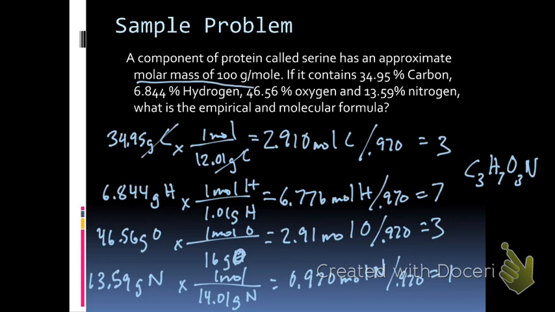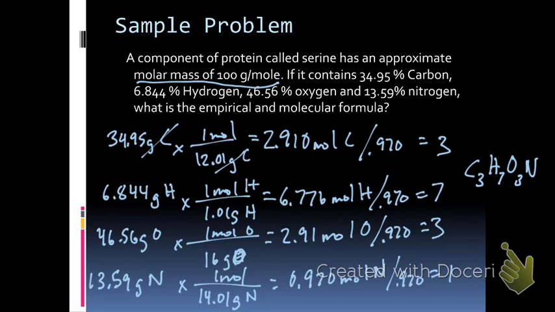All right, so remember, we figured out the empirical formula. It says the molar mass is 100 grams per mole. So we first have to figure out the mass of C3H7O3N, the empirical formula. So 12.01 times 3 plus 7.07 plus oxygen, 16 times 3, plus 14.01.